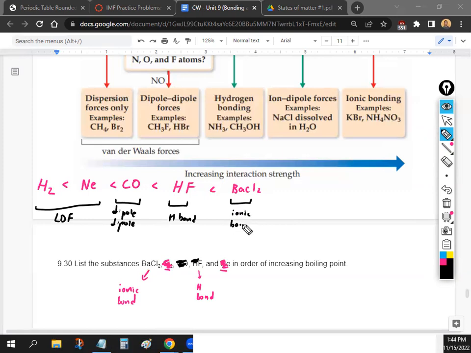Now you guys might have been a little bit confused. Why is an ionic bond considered an intermolecular force? It's just in the molecule itself, right? It has to do with what we were talking about with water. Remember how it's made out of individual ions? So if you got BaCl2, it's basically something like this. There's no covalent bond.